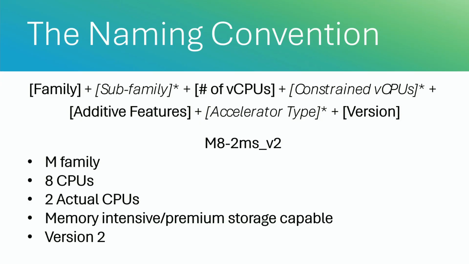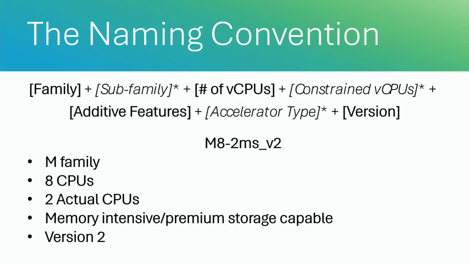What's the deal with the 2 actual CPUs versus the 8 CPUs? Well, Microsoft does this clever thing. If we need everything else that this VM series offers us, like its storage and its RAM, so we need all the things that this series gives us, but we don't need the 8 CPUs, the M8-2 gives us everything that the M8 had.